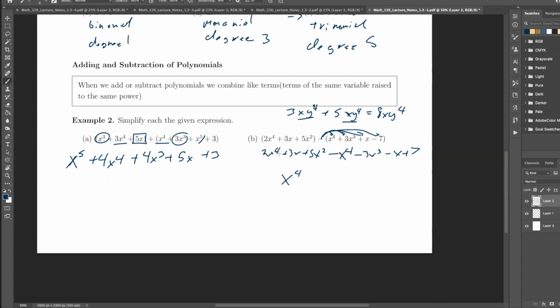So when I do this personally, I cross off the terms I've used. That way I've seen it. X cubed, there's only one x cubed, so it'll be minus 3x cubed. I'll go ahead and cross that off. That's just for my own bookkeeping. You don't have to. 3x minus an x will be plus 2x. So I've done that.